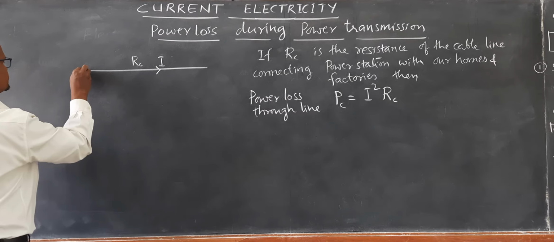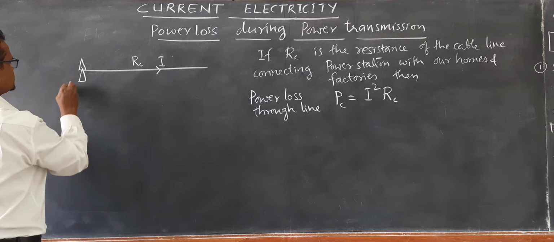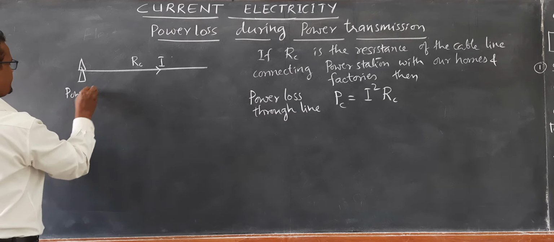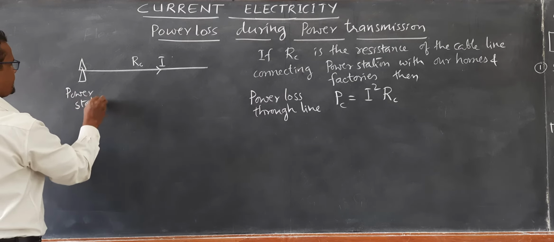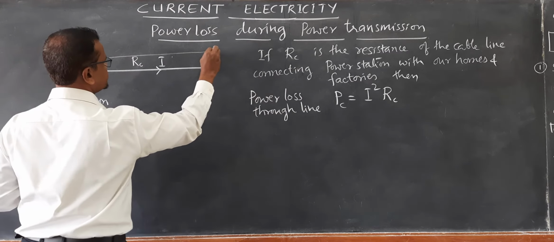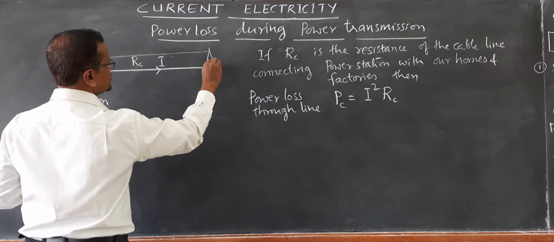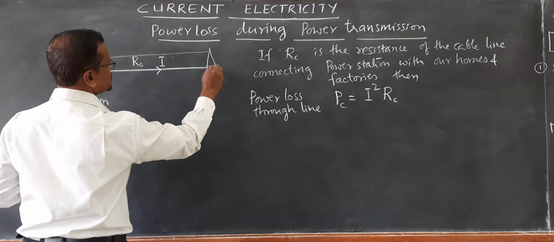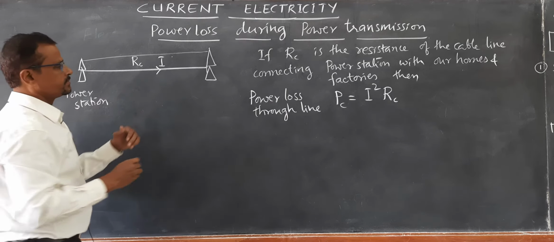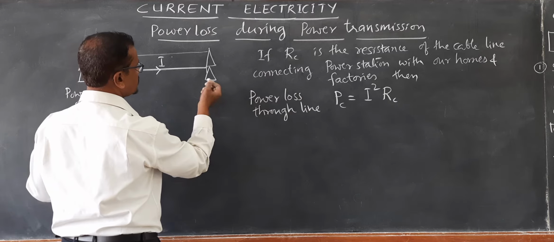Suppose this is representing the power station. This is the power station, and usually there will be two lines. Symbolically I am just drawing the receiving end of the power station, our grid.